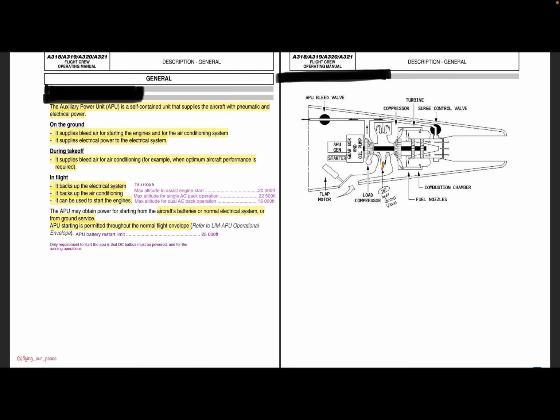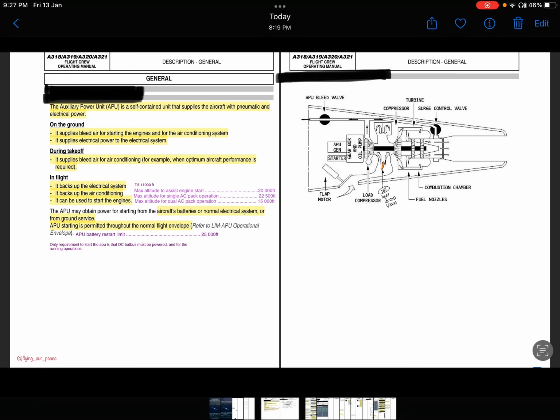During takeoff, it supplies bleed air for the air conditioning system. According to their company procedure, some airlines keep the APU on, but some airlines do not use APU for takeoff. It is used just to provide air conditioning from APU, not from the engines.